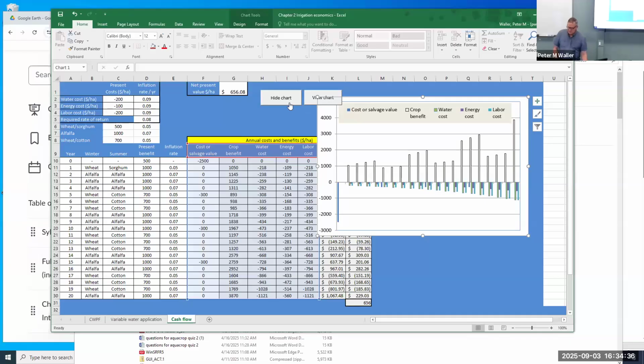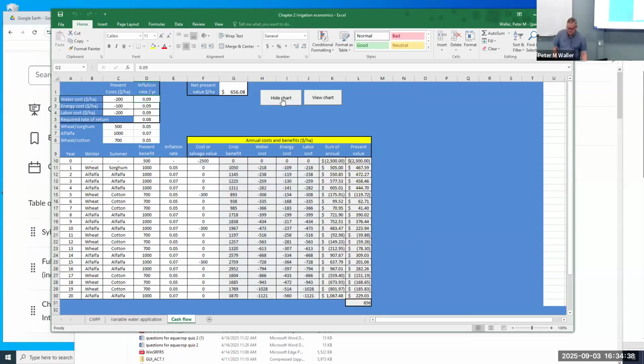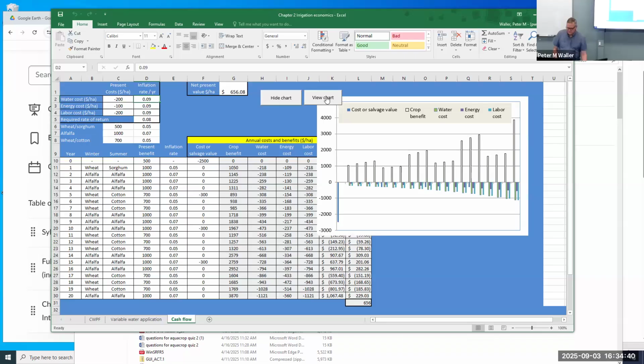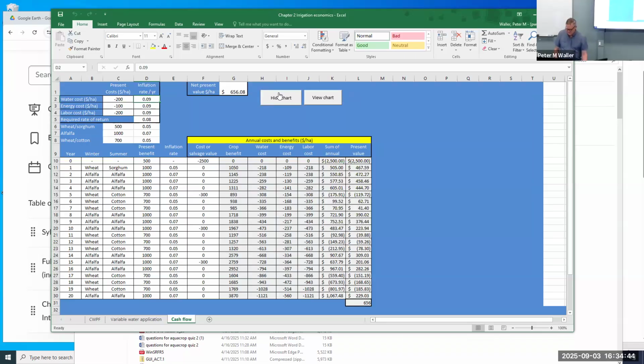So I have a Visual Basic program that allows you to hide the chart, view the chart. This would be a new field where it's salty. Desert soils are salty naturally, so you have to leach the salt out, and wheat and sorghum are salt tolerant.